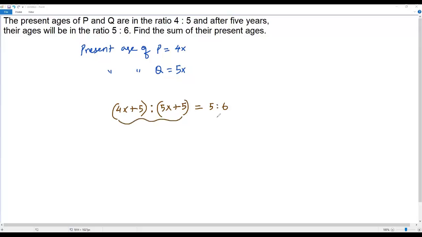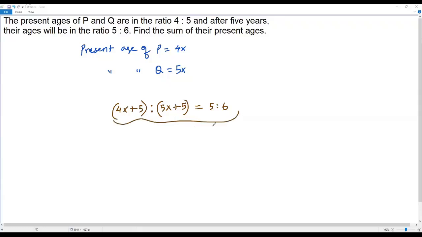Since both the ratios represent the same thing, the ratio between the ages of P and Q after 5 years, we can equate them. Now we have to solve for x in this proportion, because here two ratios are equal. Whenever two ratios are equal, it's called a proportion. Once we get the value of x, we can solve for the ages of P and Q.